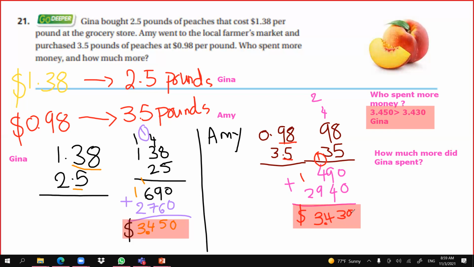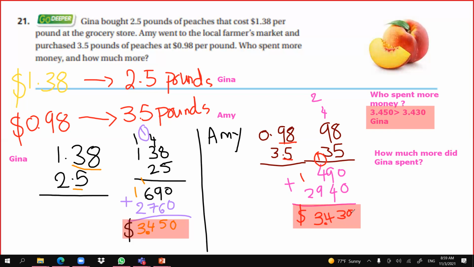If you see how much more, what do you have to do? How much more, girls?